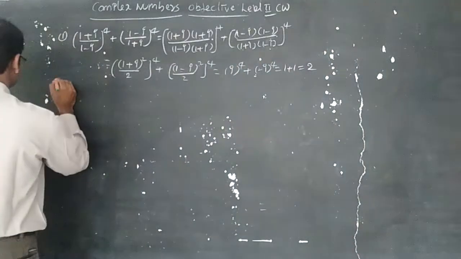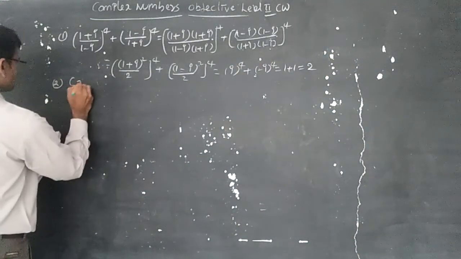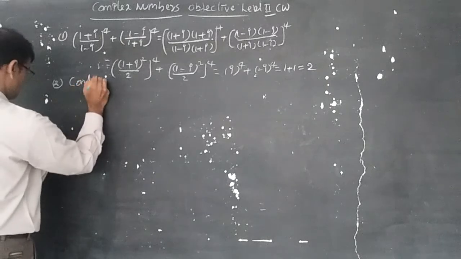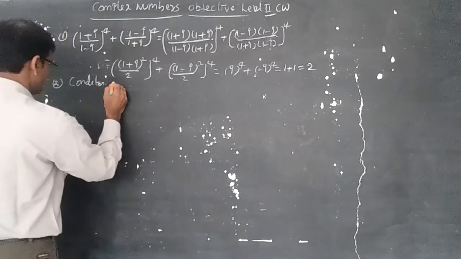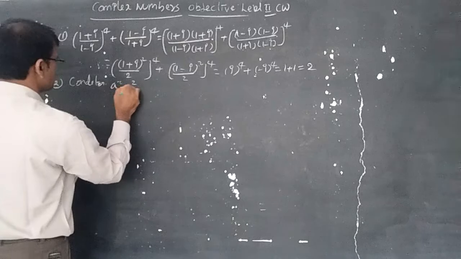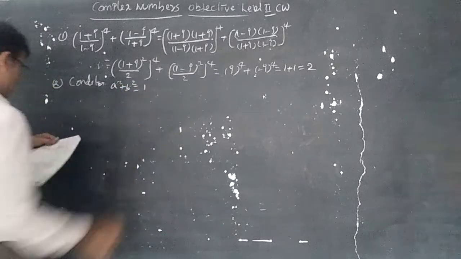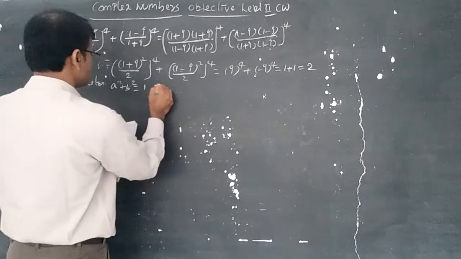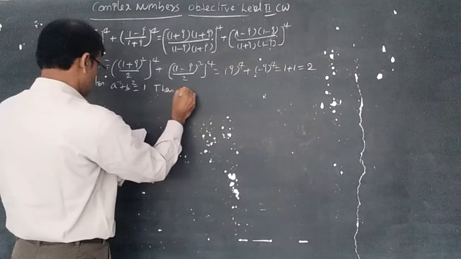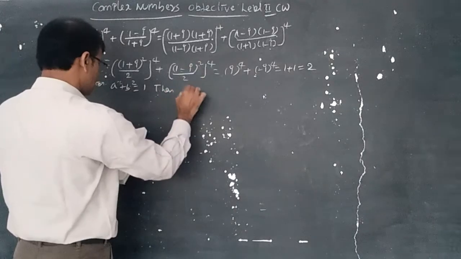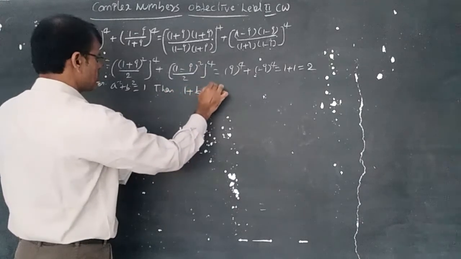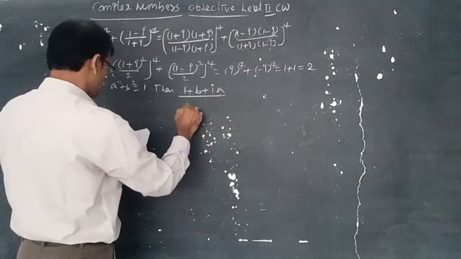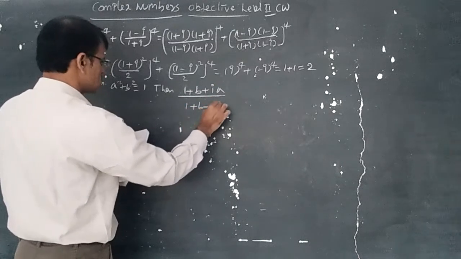Second one, here one condition: a square plus b square is equal to 1. Then we need to calculate the value of (1 plus b plus ia) by (1 plus b minus ia).